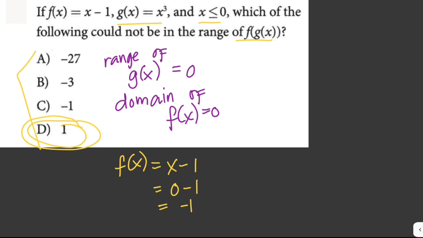So the answer here is letter D. You just have to take note that questions like this require thought, and you need to understand that when dealing with compositions, the range of the inner function, here g of x, becomes the domain of the outer function, which in turn produces the range of the composition. So you take note of that.